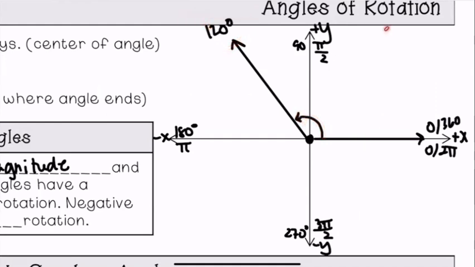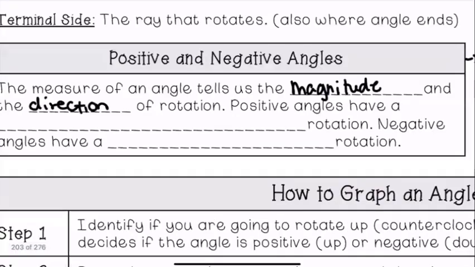If you think of a clock, let's draw a little rough sketch here. Here's a clock. Clocks go this way as they get later. If I'm going this way, that's the opposite direction of a clock, and that is called counterclockwise.